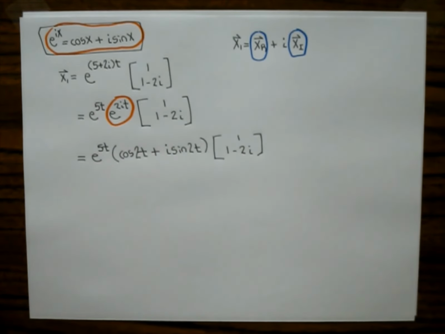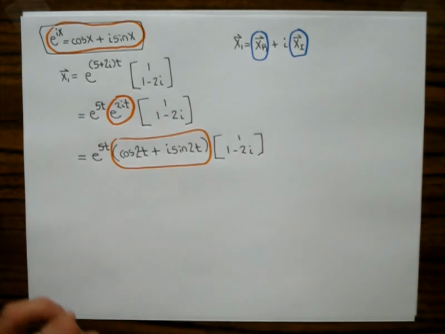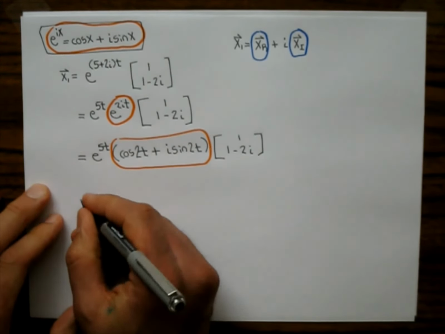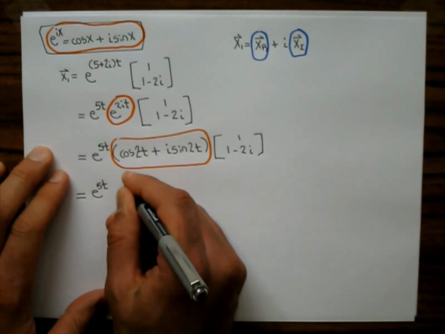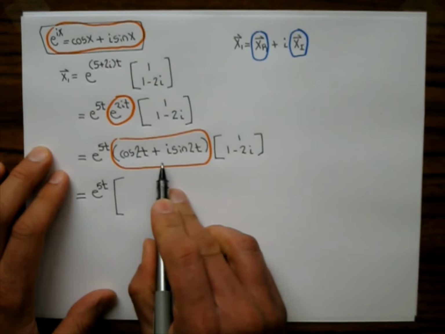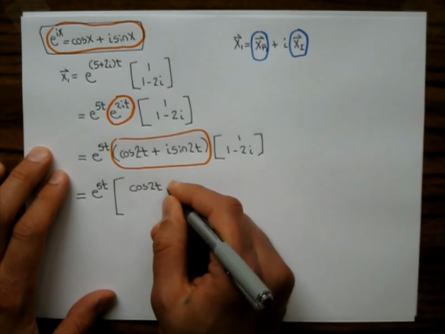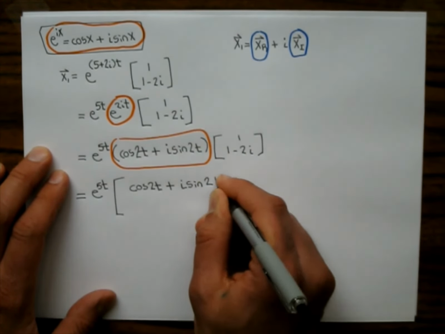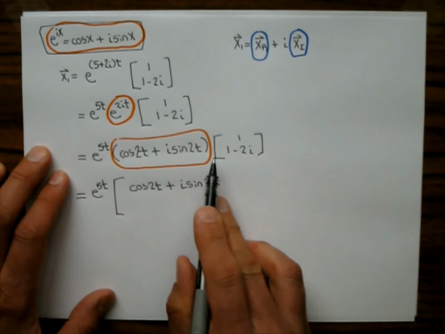Okay, so we've just used the Euler identity. Now I'm going to bring that orange part into that vector. The e to the 5t is going to stay outside, and on the inside we have 1 times that orange thing, so this is cosine 2t plus i sine 2t. And for the bottom part I have to do a FOIL.